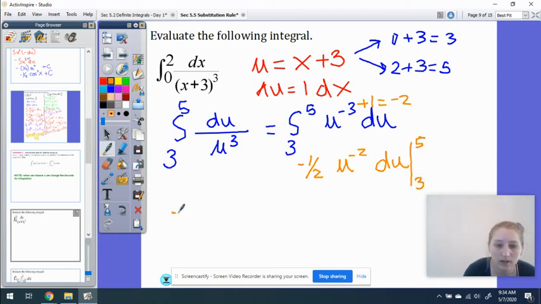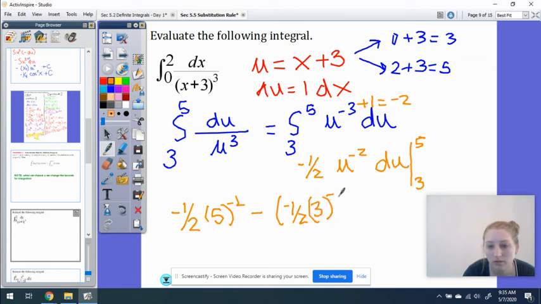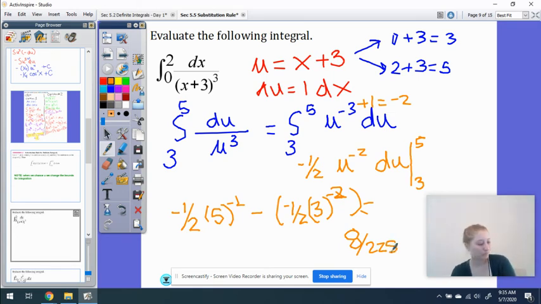So we're going to say negative 1/2 5 to the negative 2 minus negative 1/2 3 to the negative 2. Okay, so if you plug all that into your calculator, I left mine in fraction form. I got 8 over 225.